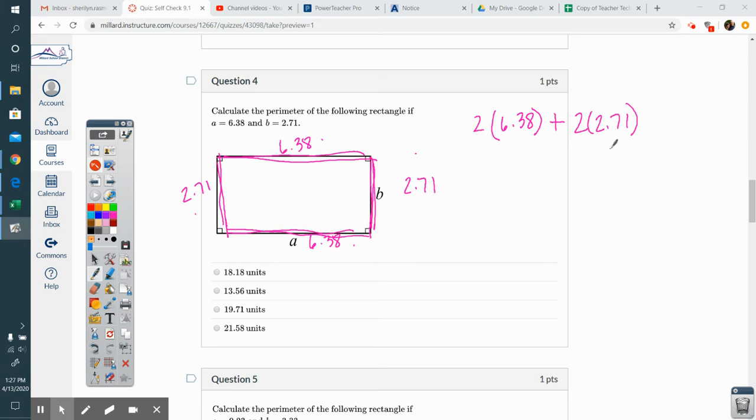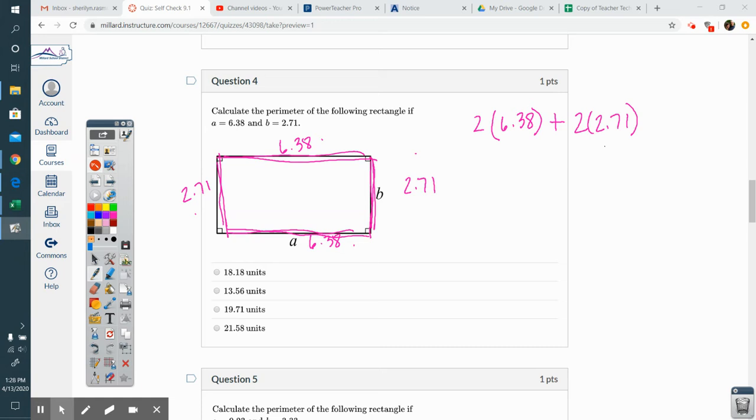So that is the formula for finding the perimeter here, or you can add up everything. It will all give you the same answer. So 2 times 6.38 is 12.76, and 2 times 2.71 is 5.42. Add those two together.